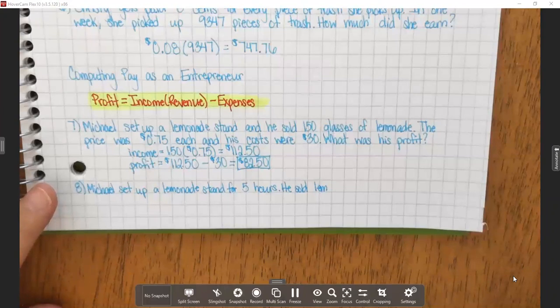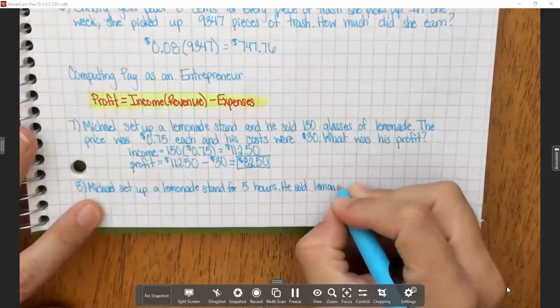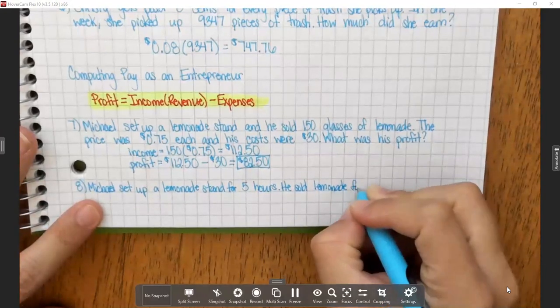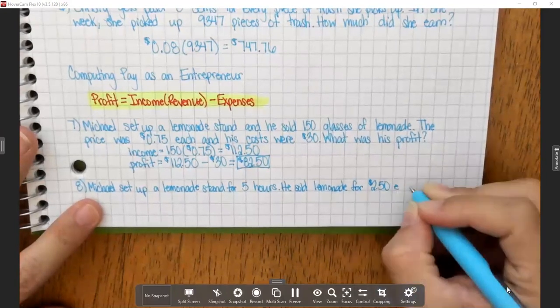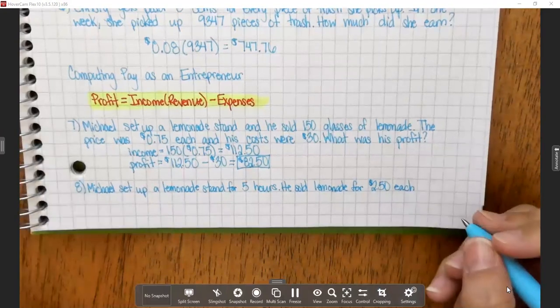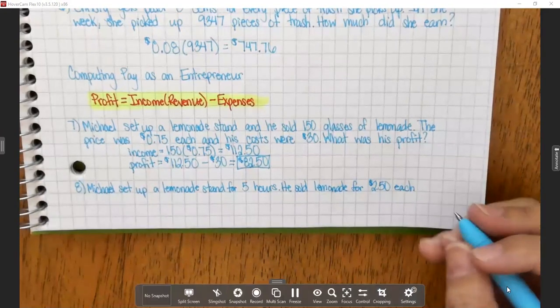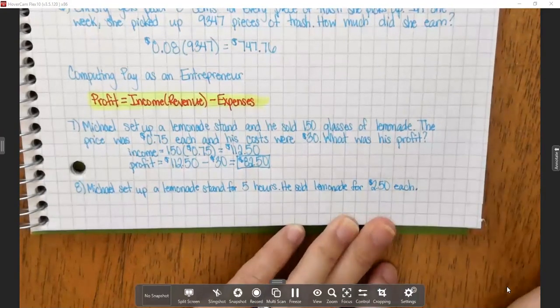He sold lemonade for $2.50 each. I probably should have went to the back.